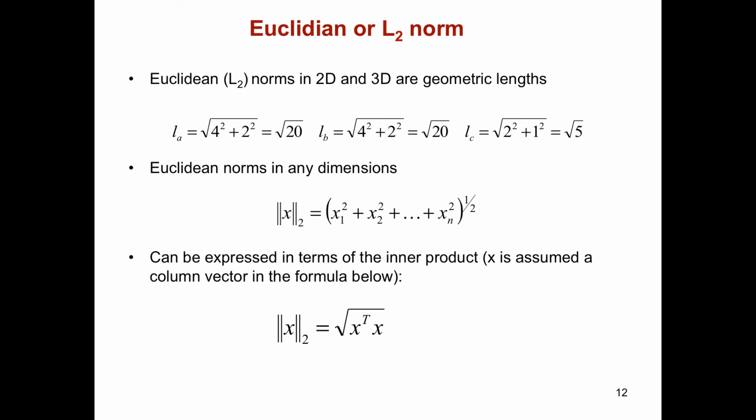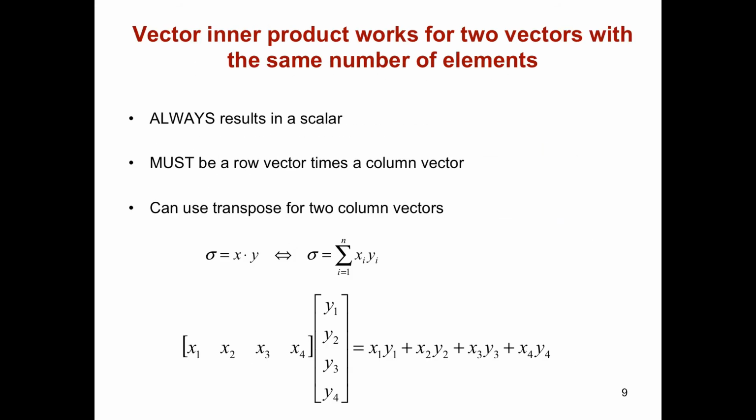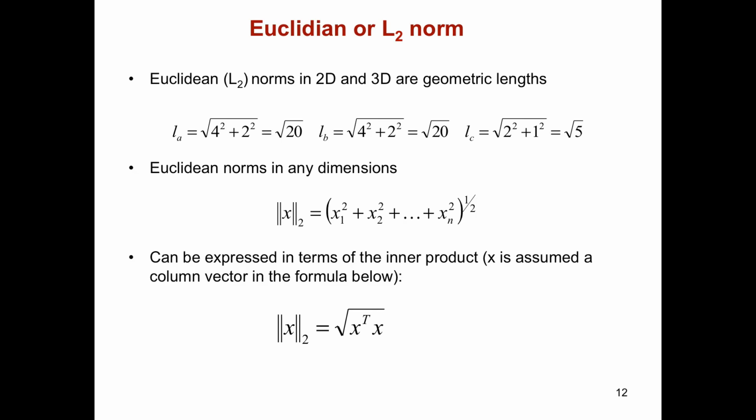And this can be expressed in terms of that inner product. So this is the same, if I had a column vector, as taking x transpose, which is a row vector, times x, which is a column vector, which is what I had on the previous slide. Okay. So basically, if I had x1, x2, x3, x4 here, I would get x1 squared plus x2 squared, plus x3 squared, plus x4 squared.